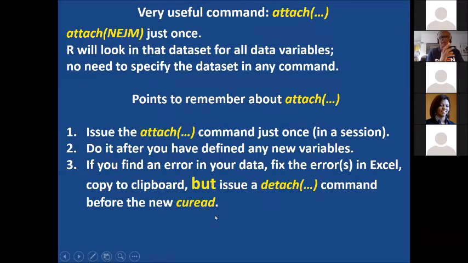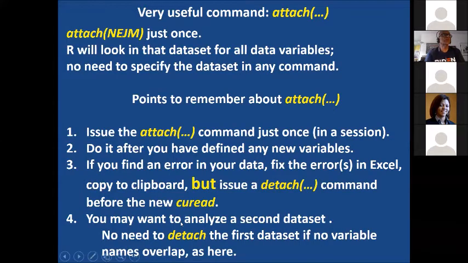Otherwise, R will get confused about what you are doing now, changing the data set when you already have something attached. If you're analyzing a second data set, it's fine to keep the first one still attached as long as you don't have any variable names overlapping. At some point in my teaching, you may be attaching 2 or 3 data sets in one session, but that's fine because I don't have any repeated variable names.